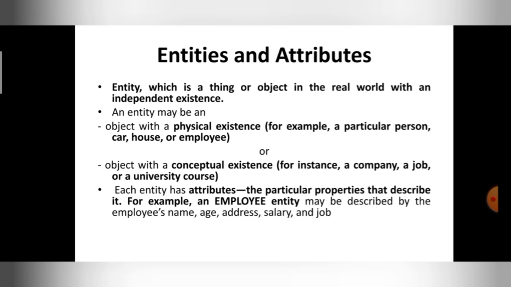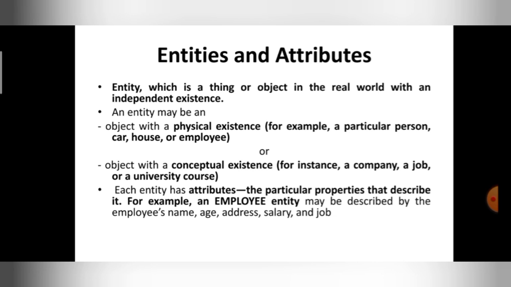Entities can also have conceptual existence. For example, a job. Job is also an entity, but it is conceptual. University course, degree. Degree is also an entity. It is conceptual. Hope you are understanding, guys. Hope you understood the difference between physical existence and conceptual existence.